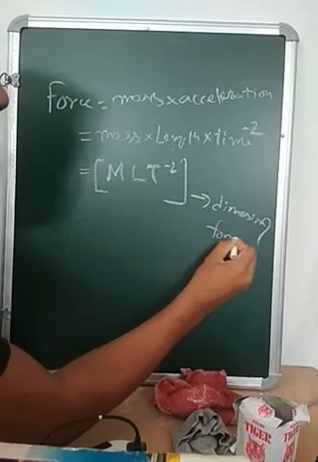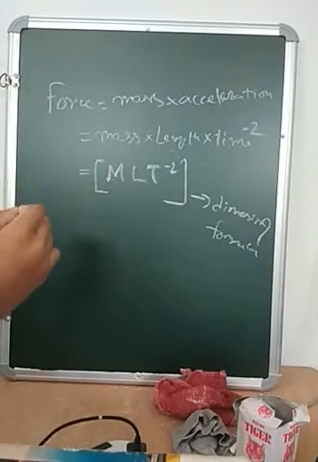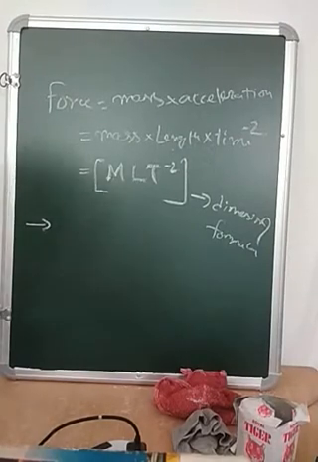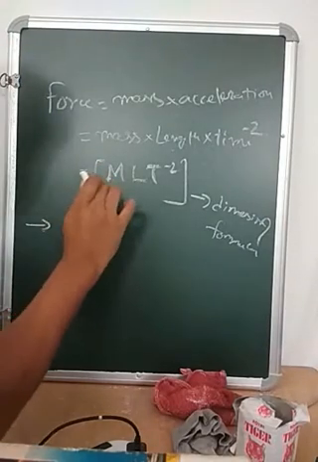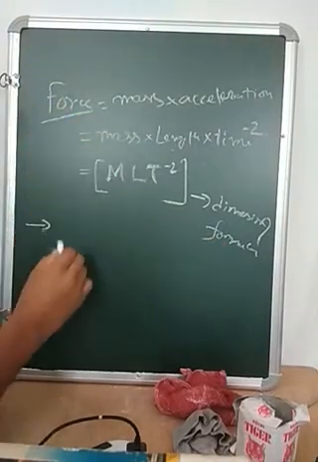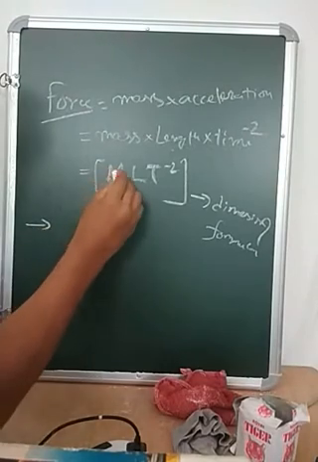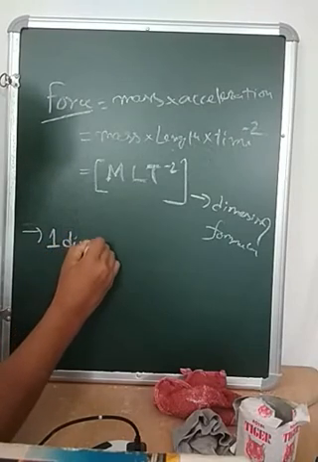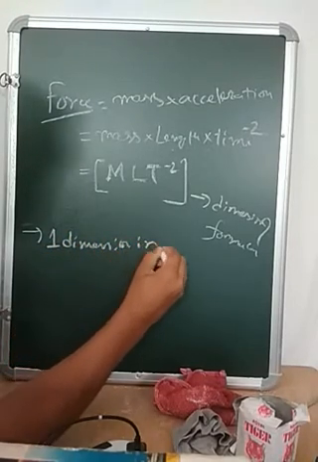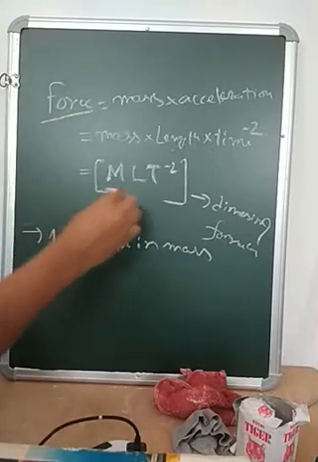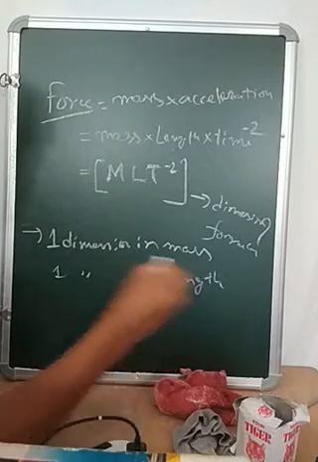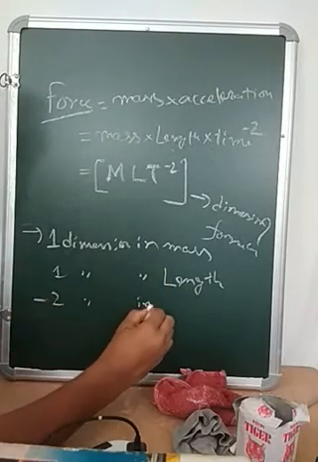Dimensional formula. Okay, and what is the dimension? This is the dimension, and what is the dimension of force? The dimension of force is one dimension in mass, one dimension in length, and -2 dimension in time.